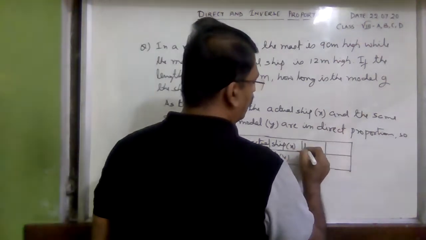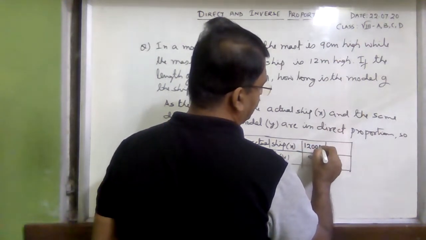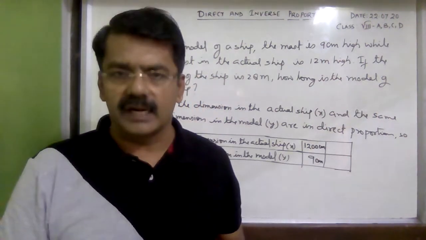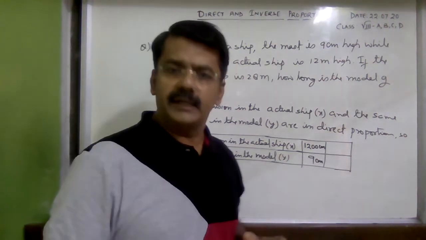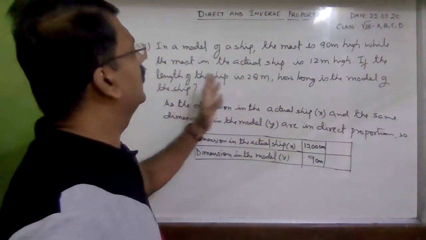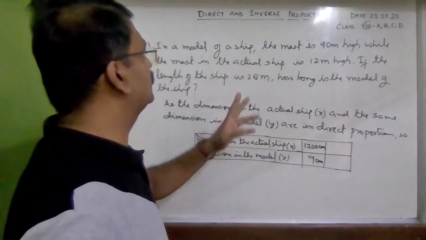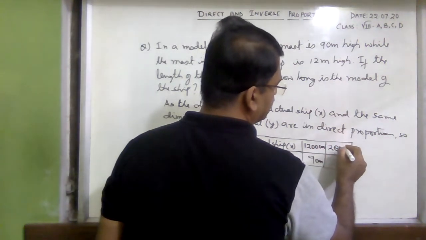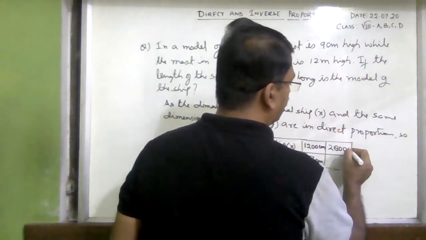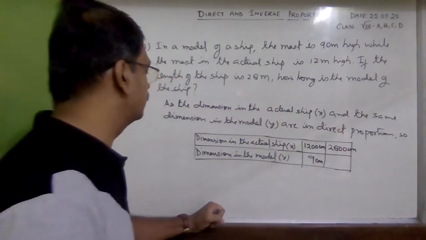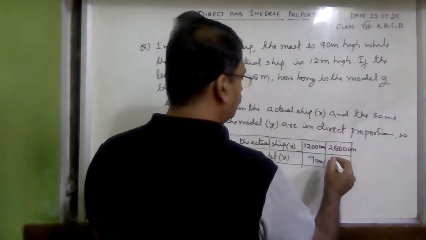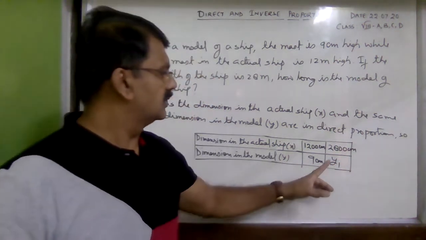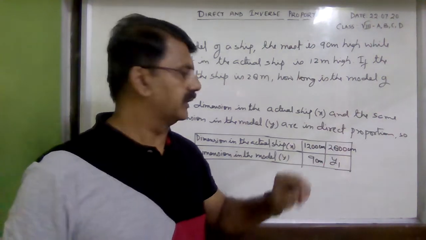So you will write 1200 centimeter, because we have to make the unit same. So 1 meter is 100 centimeter. So 12 meter will be 1200 centimeter. Now the length of the actual ship is 28 meter. So you write down 2800 again in centimeter here. 28 meter means 2800 centimeter. And now you have to find the length of the model. So you have to find this y1.